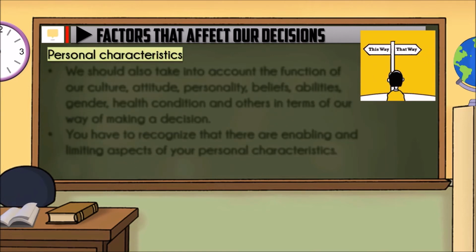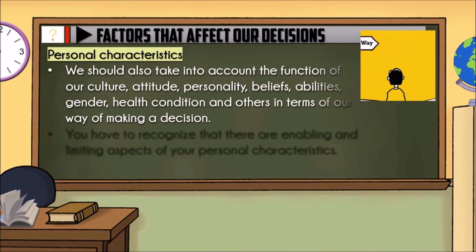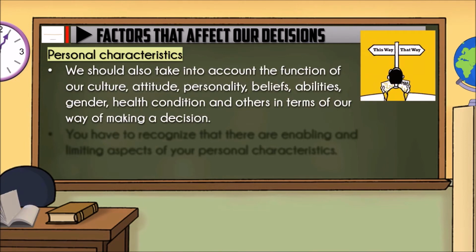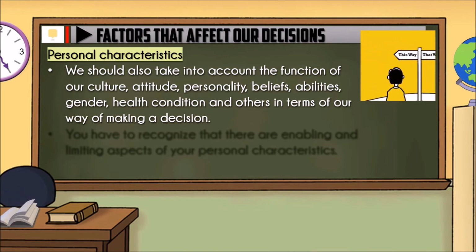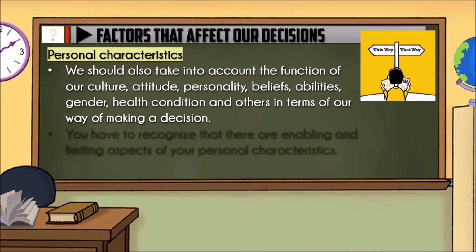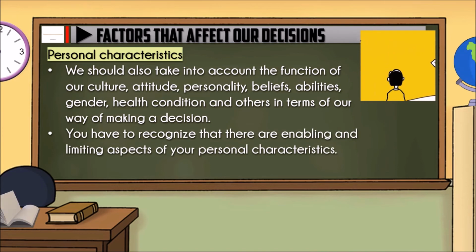Personal characteristics. We should also take into account the function of our culture, attitude, personality, beliefs, abilities, gender, health condition, and others in terms of our way of making a decision. You have to recognize that there are enabling and limiting aspects of your personal characteristics.